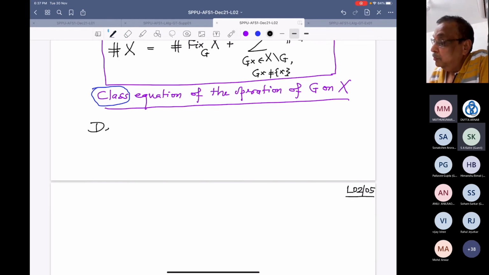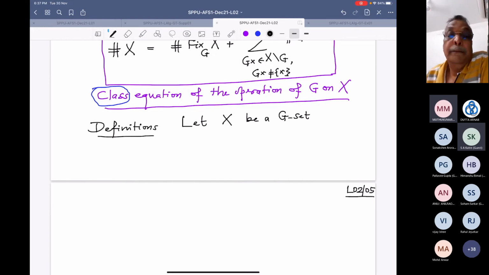Definition. So always I will just say let X be a G-set, and G, that means a group. I'm not assuming finite.